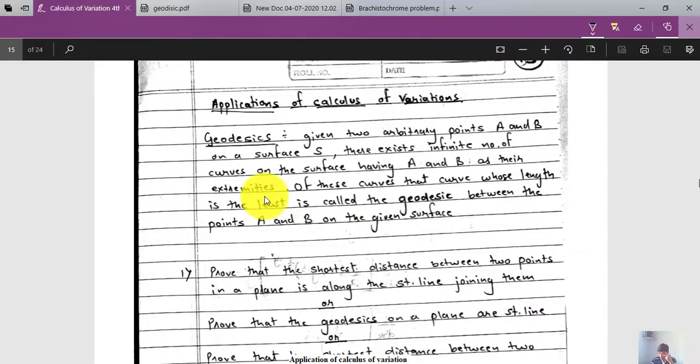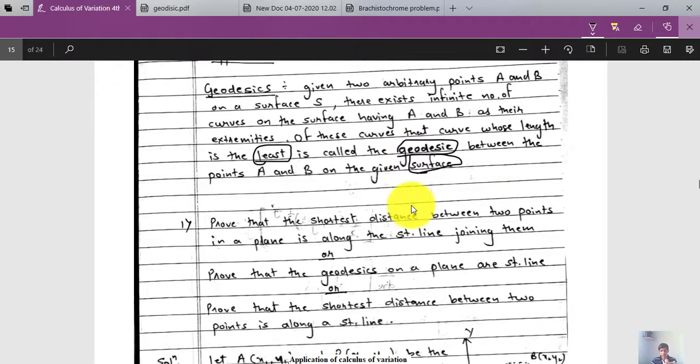Now I want to find the shortest line or distance from A to B among these curves, the curve whose length is least. So can you see this? That curve of least length between the points A and B on the given surface is called the geodesic.